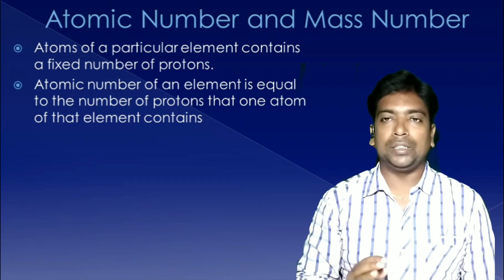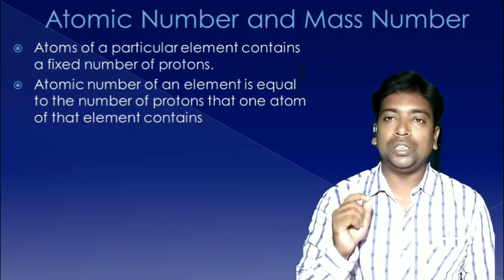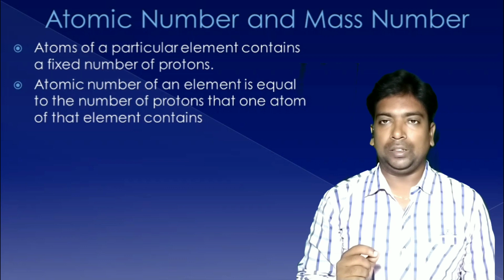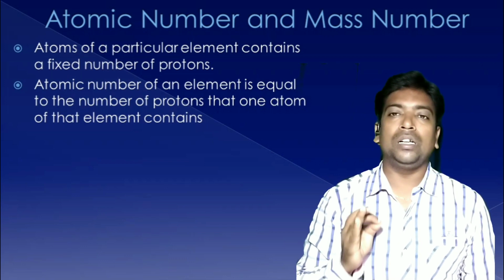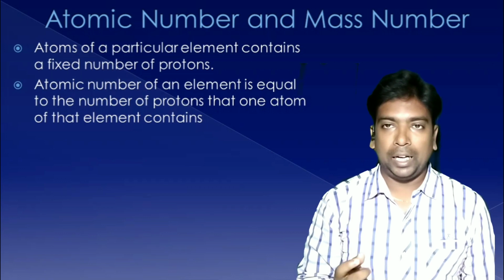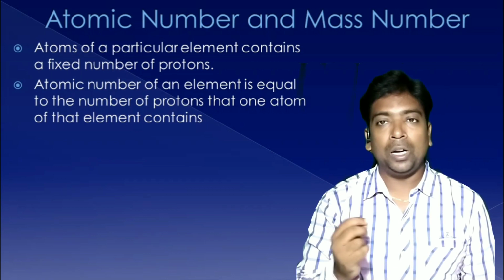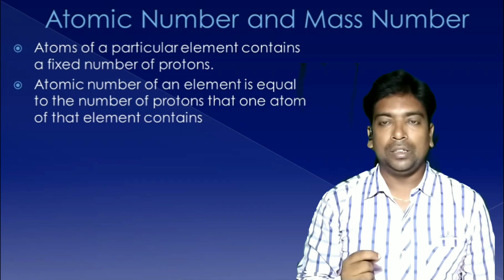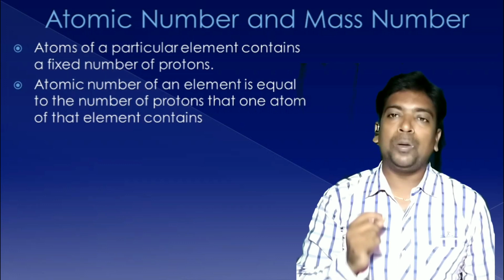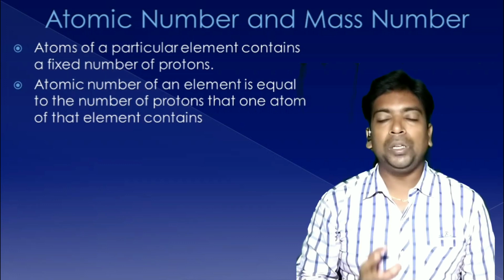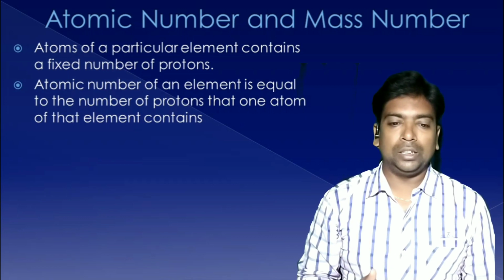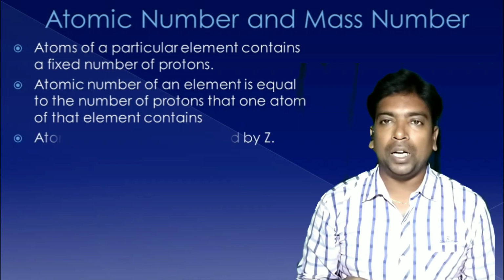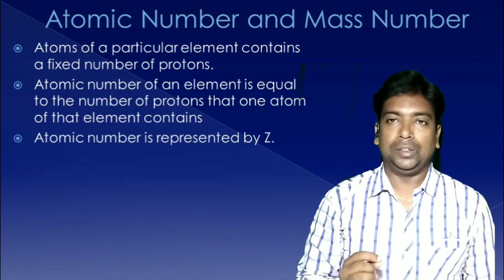That is why we can say this number of protons is unique for each element, like we have an Aadhaar card. So here also these numbers are unique for the elements. This is a fundamental characteristic of an element, and this number of protons is known as the atomic number. So the atomic number of an element is equal to the number of protons that one atom of the element contains.